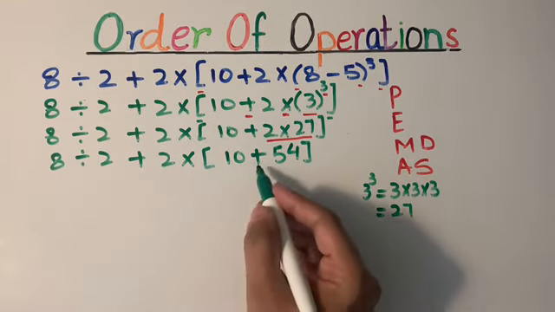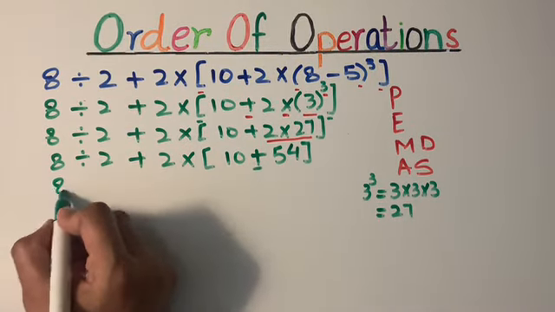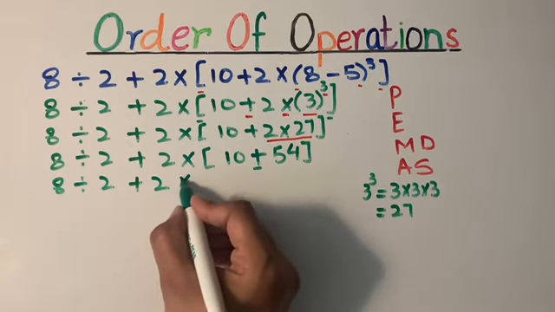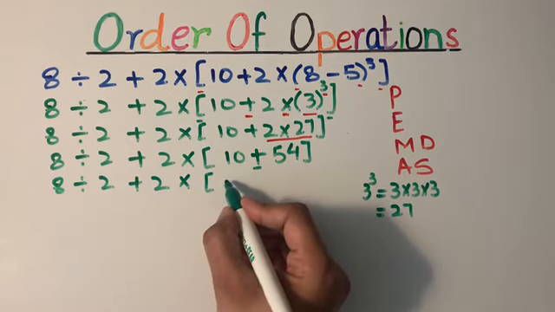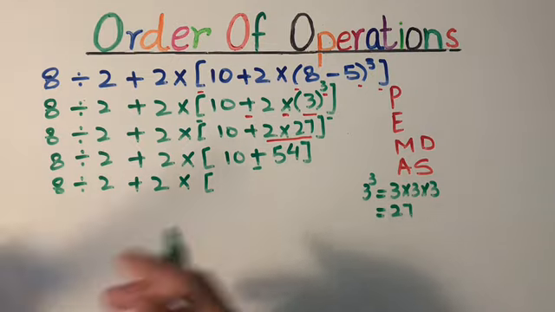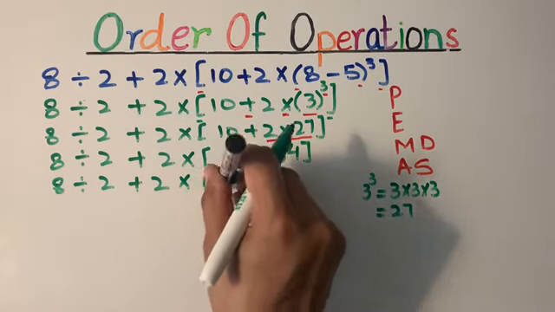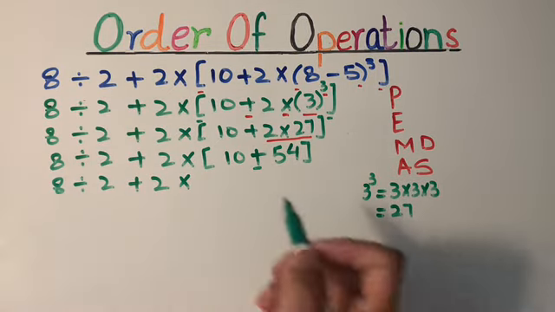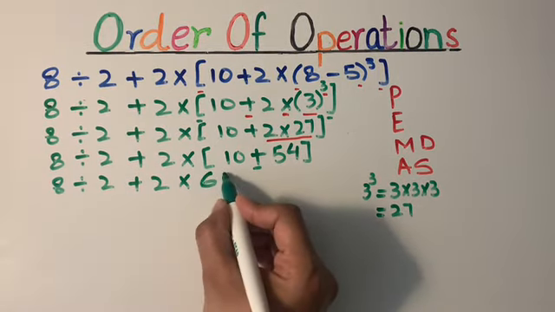Now we'll add, and copy the remaining part of the equation, and now we will remove this bracket because we're going to solve it, and then there will be no more group. 10 plus 54 is 64.